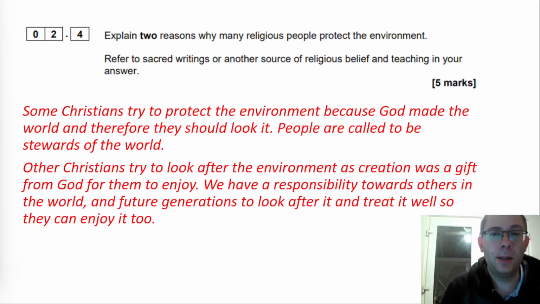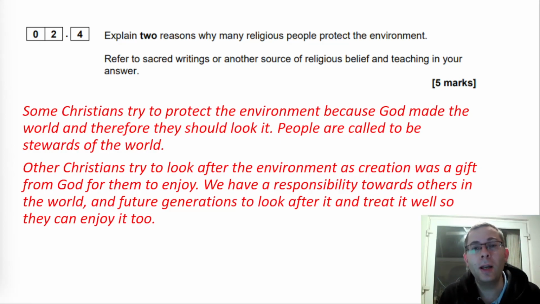5th mark, we need the Bible teaches that. So you could do point, evidence, explain, point, evidence, or you could just do the Bible teaches that at the bottom.